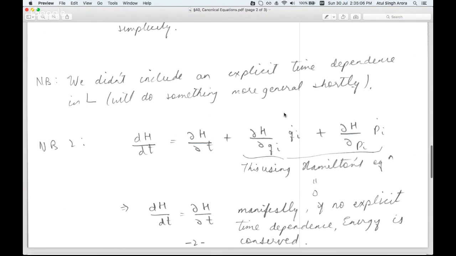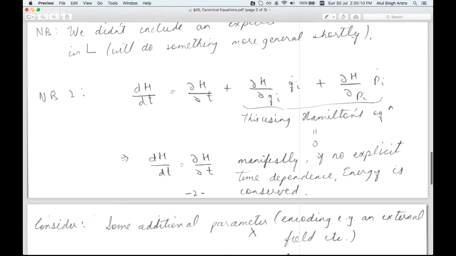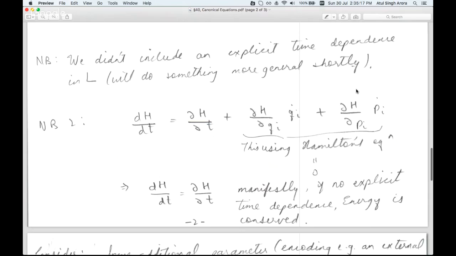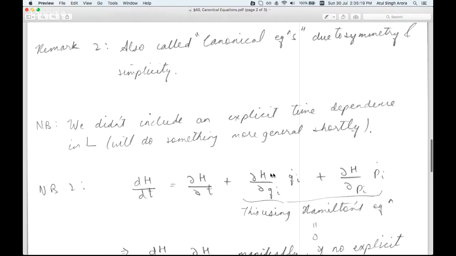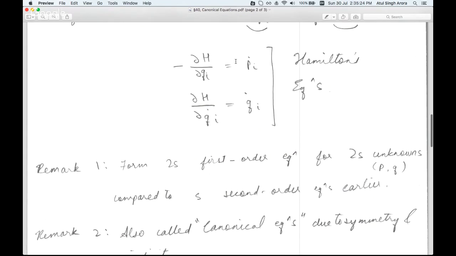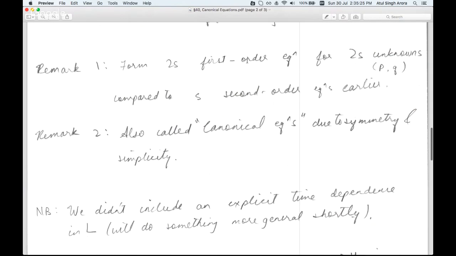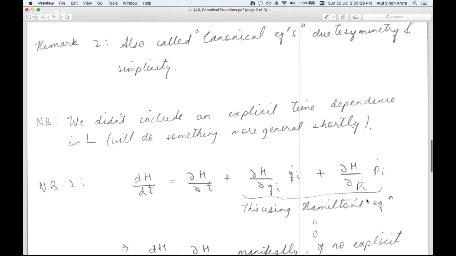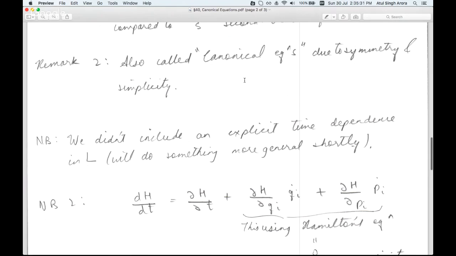But before that, if I write the complete time derivative of H, it would have a del H by del t term and these two other terms. What's interesting is that if you make the substitutions for del H by del qi using Hamilton's equations, you'll get a minus pi dot qi dot, and del H by del pi is just qi dot.